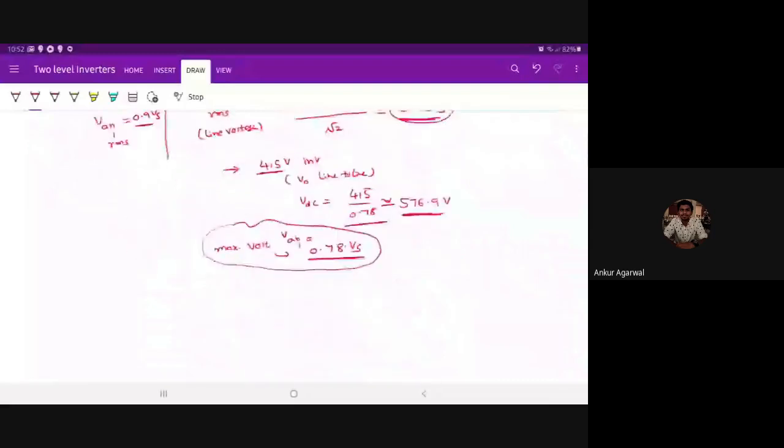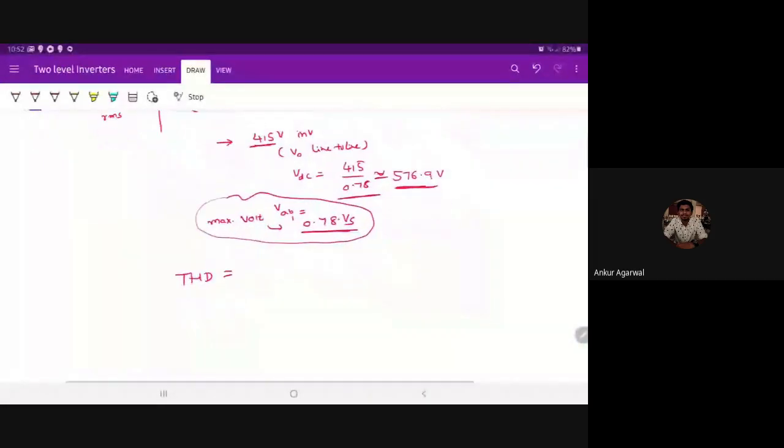Similarly, we'll find out the THD, the total harmonic distortion of this waveform. In the previous class we derived a formula: THD is square root of the output voltage RMS value by fundamental, squared, minus 1. What is the RMS value of this waveform?